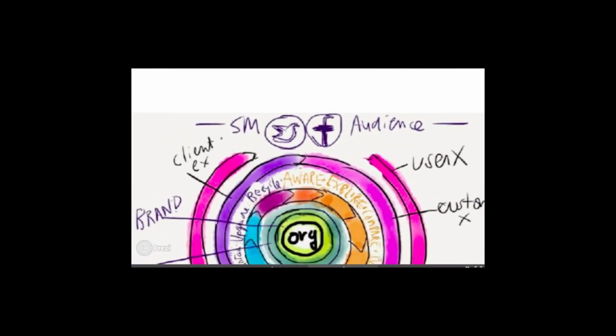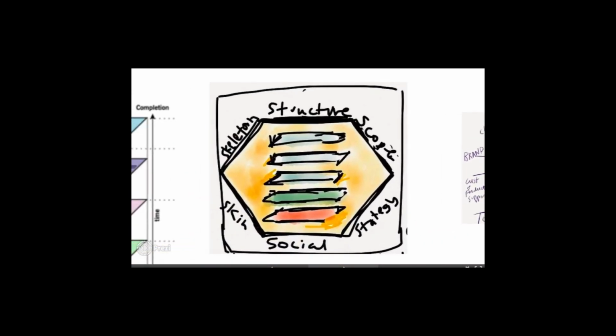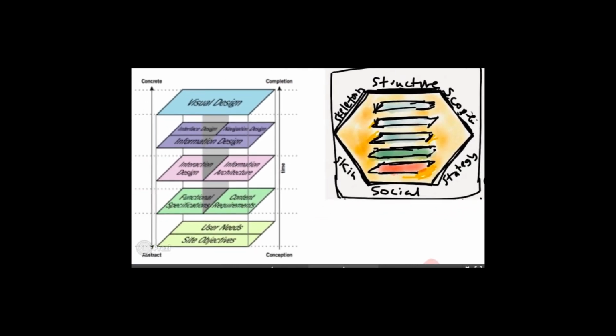So I started thinking about the social aspect, and when I looked back at Garrett's model, his figure model with the 5 layers, I started thinking, where does the social piece fit in? Do I add another layer? Do I create the shape around the outside with sort of a hexagonal shape with the 6 sides, including the strategy, the scope, the structure, the skeleton, the skin, and then social?